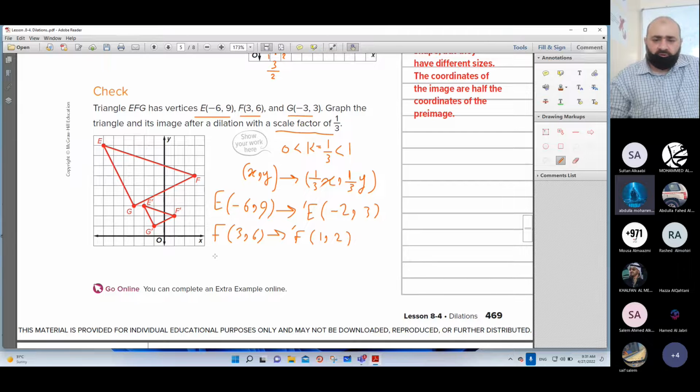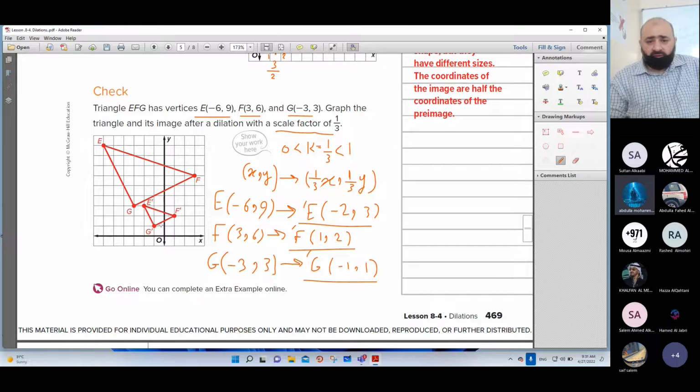The same idea for G (-3, 3). So G prime: negative 3 divided by 3 will be negative 1, and 3 divided by 3 will be 1. So you can represent E prime, F prime, G prime. You will get the image. As you see, we have reduction.